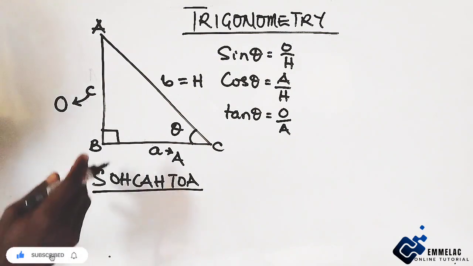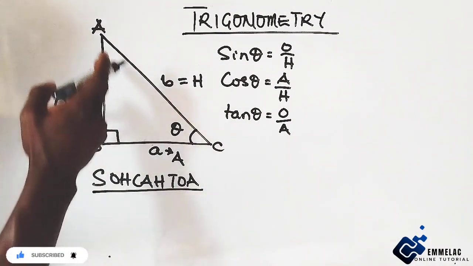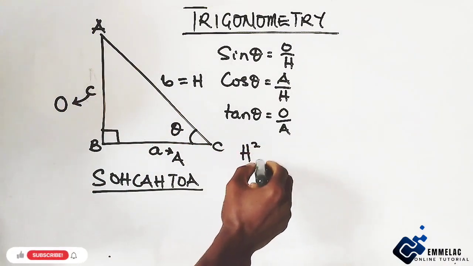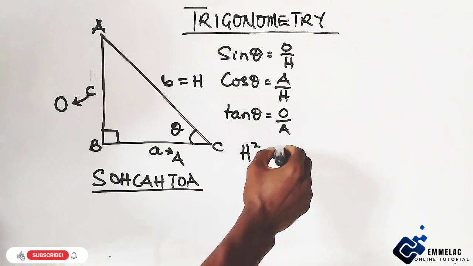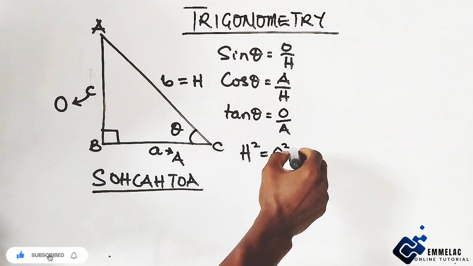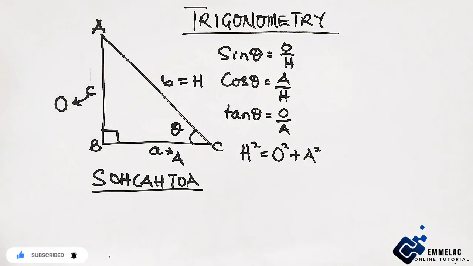Now take note that we can also recall the Pythagoras theorem, where the square of the hypotenuse equals the sum of the respective squares of the other sides.